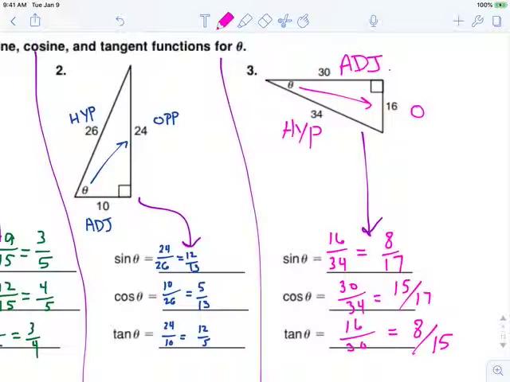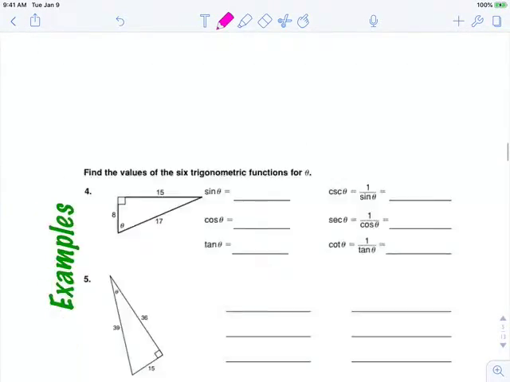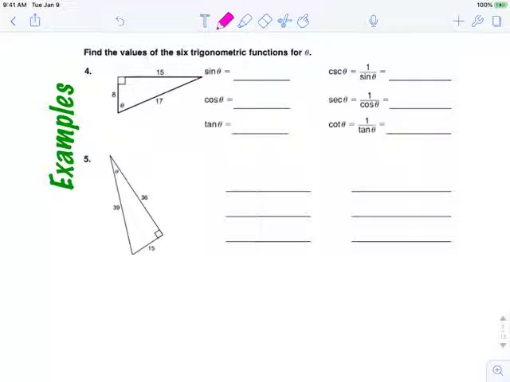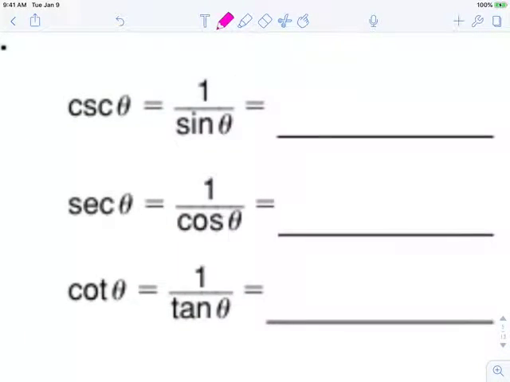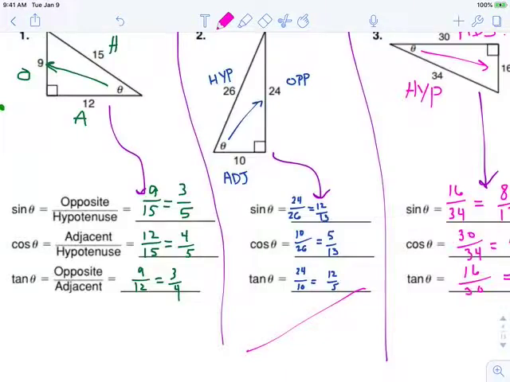So do you have any questions about finding these values? We're good with these? I don't see any hands, so I'm saying we're good. You just did that, so that tells me you can do this.